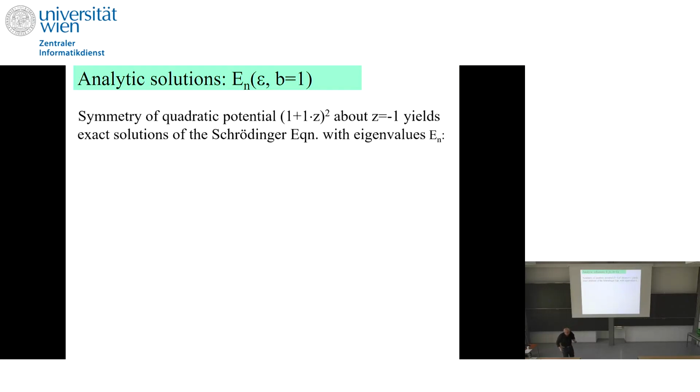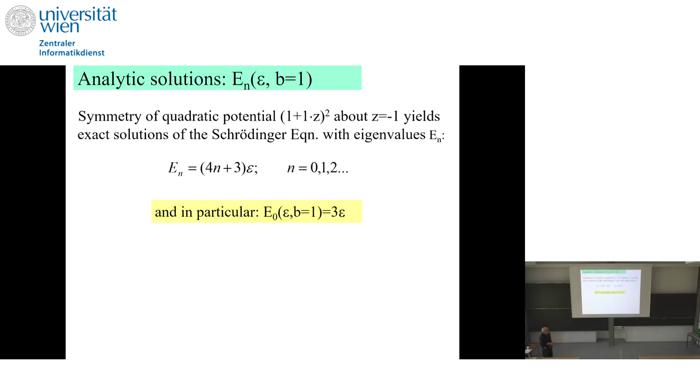So all you need to take is the odd solutions of the Hermite equation, or the Hermite function solution for the harmonic oscillator in quantum mechanics. In short, remember that for n equals 0, you get 3 epsilon for E. It will become significant in a moment, and it's an exact solution.